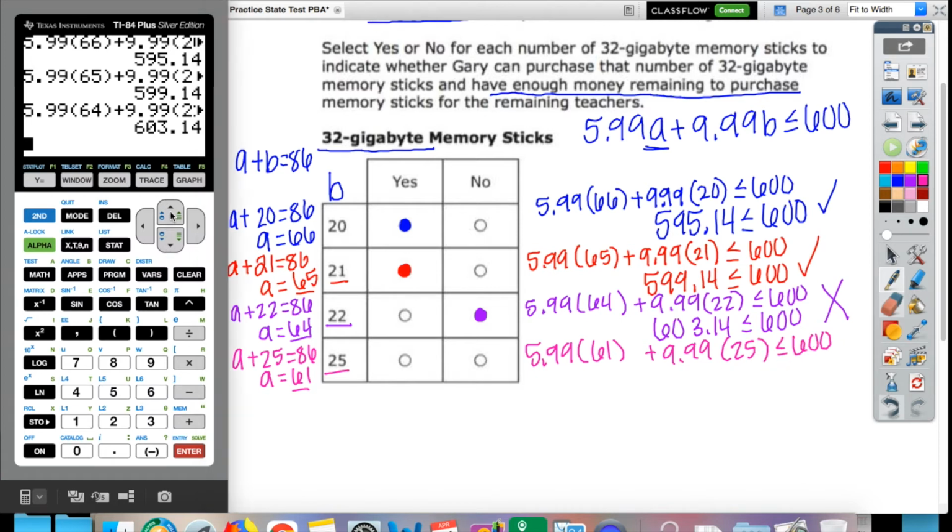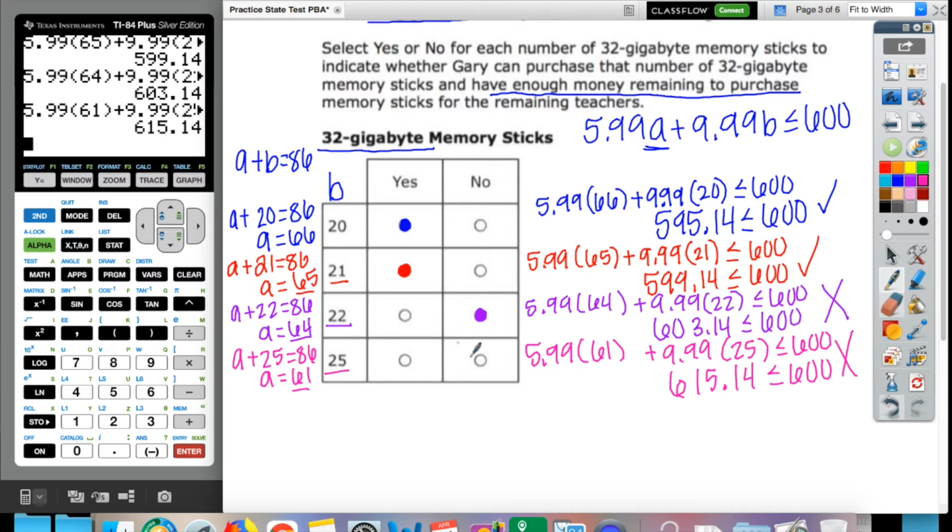So again, I'm going to go up and highlight my previous equation and change those to 61 and 25. And I get 615.14. Is $615.14 less than or equal to 600? No. That is more, so this is not an amount he could get either.